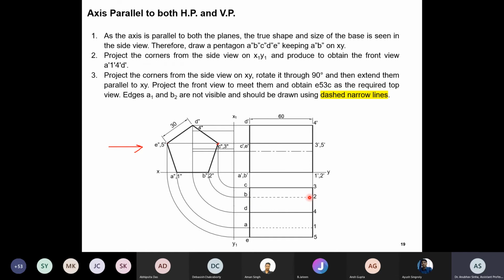For that you need to refer to what exactly first angle projection is, and then it will be clear. If you are clear with the fundamentals of first angle projection, then it is quite straightforward. But just be careful while drawing this. A lot of students make that mistake.